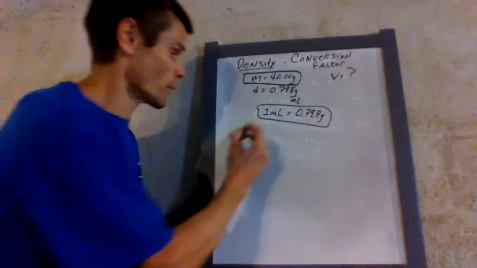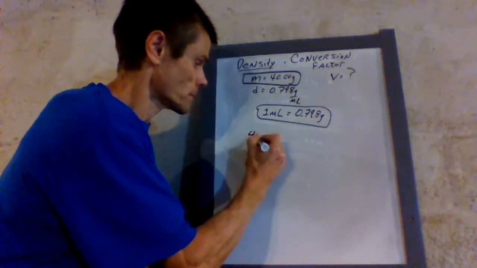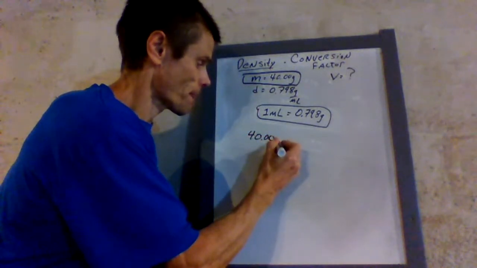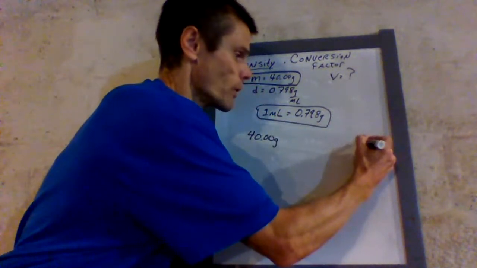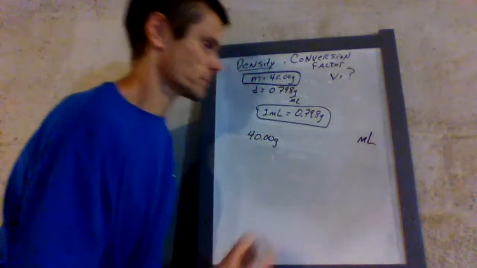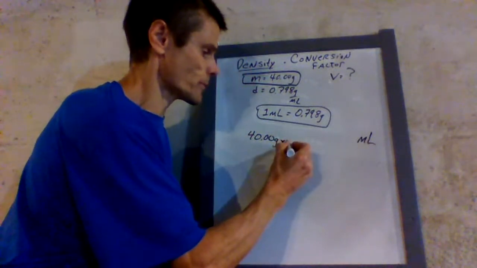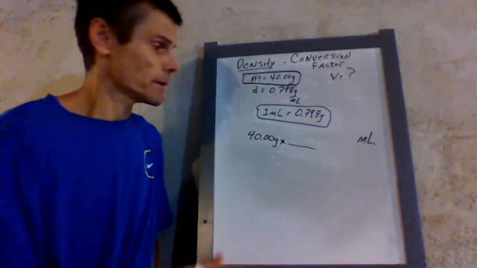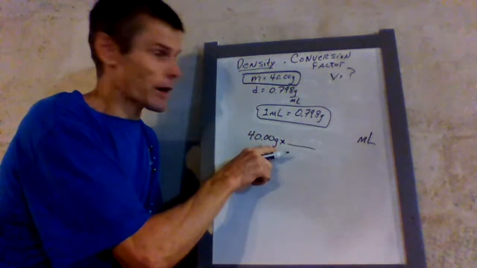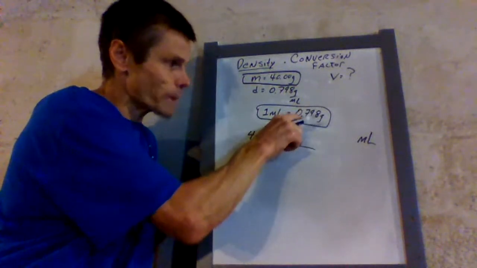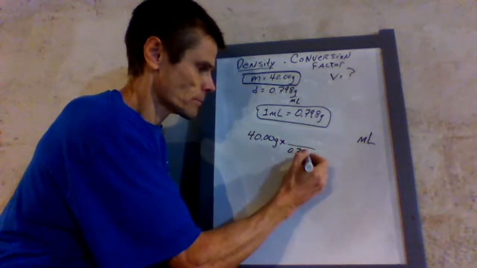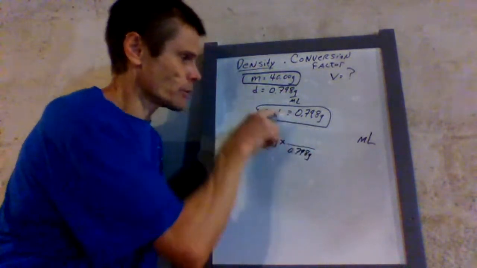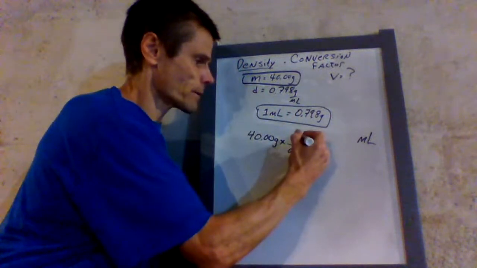So let's write down what's given, 40 grams. And remember, we're going to try to convert this into a volume in milliliters. And we're going to use our conversion factor, our density. Remember, our units that are given are going to be in the denominator, and that's the 0.798. Our units that we desire in the numerator.